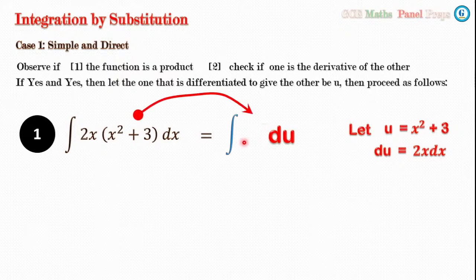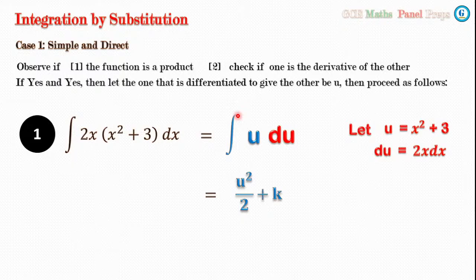So you can see there is some sort of transformation of the variable. I can now integrate this function with respect to u, and this will give us u squared on 2 plus a constant of integration k.